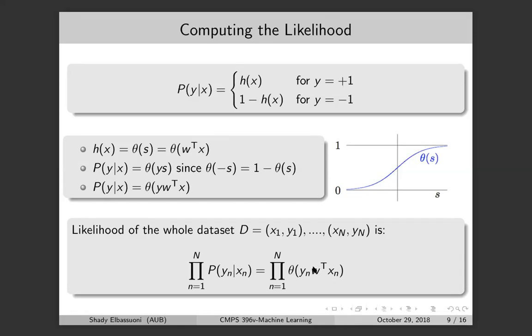A poor W would give a probability theta yn W transpose xn that is very high for negative instances, where yn is equal to -1, and very low for positive instances. So that's a terrible W. So we want the W that maximizes this likelihood. For the positive instances, you get this quantity close to 1, and for negative instances, close to 0. And you do the product, and this gives you an estimation of how well it's doing over the whole data set.